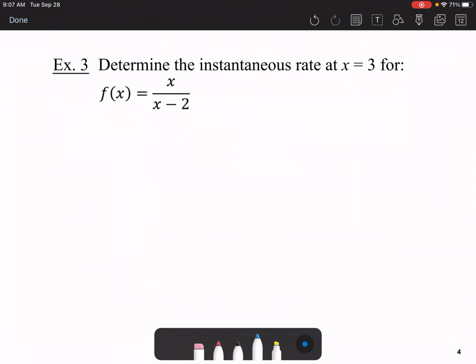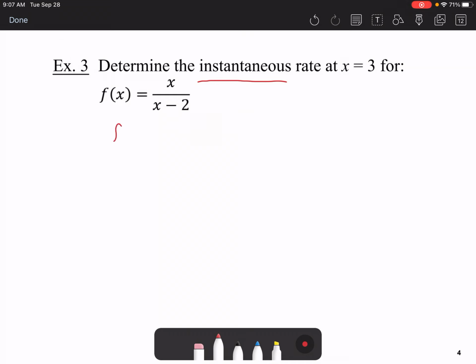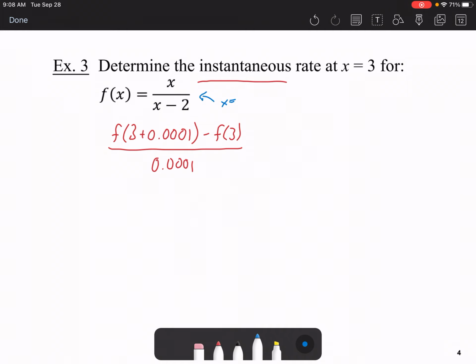So let's see another instance of this. Here we're only asking for the instantaneous rate of change at x equal to 3, so I don't need to simplify the difference quotient. I'm going to work out f at 3 plus 0.0001 minus f at 3, all over 0.0001. Again, realize that for this function x cannot equal 2. That's the only issue there.